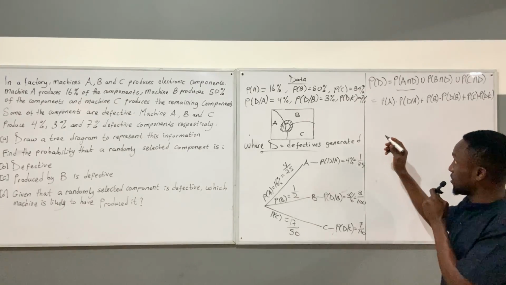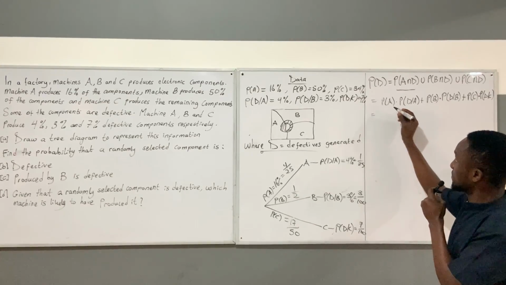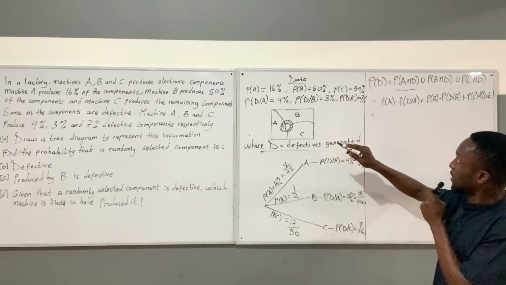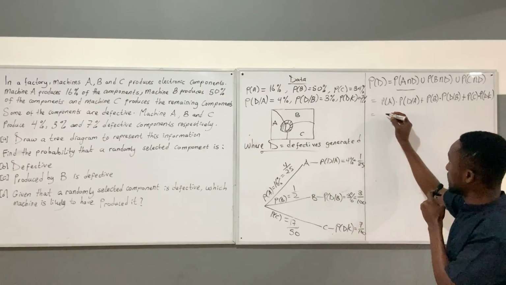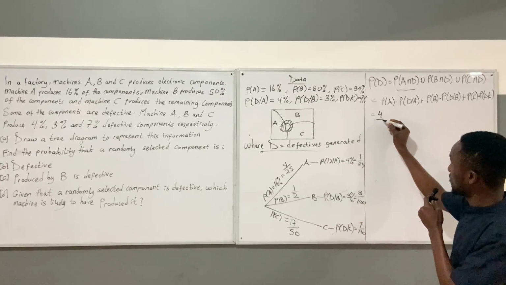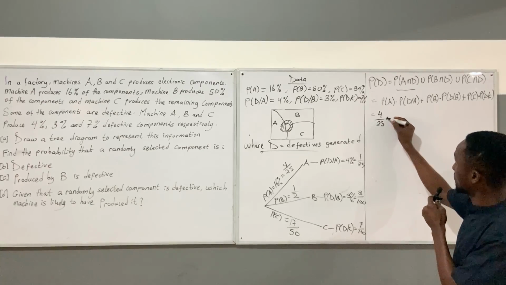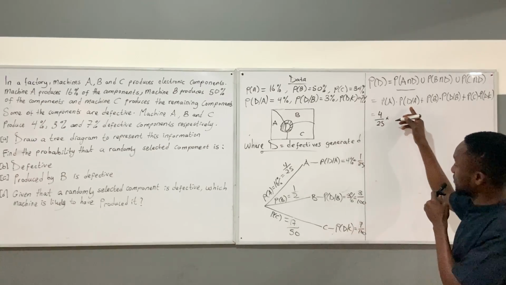Now when we substitute these values, probability of A gave us what? 4 over 25. So we have 4 over 25 times, what is the probability here?